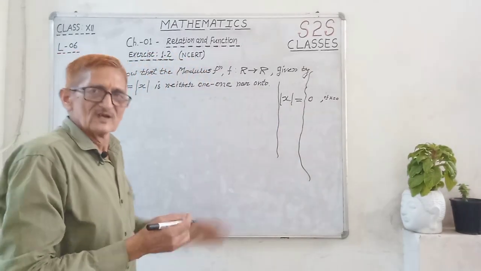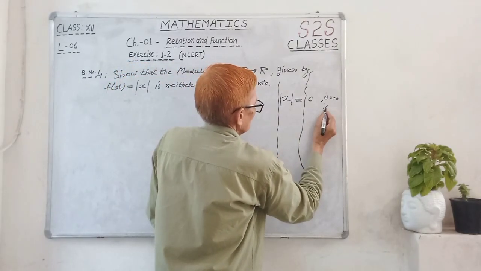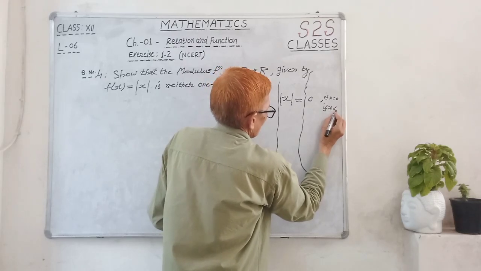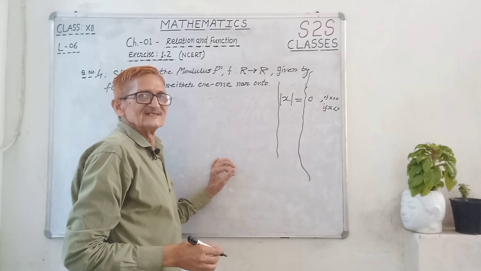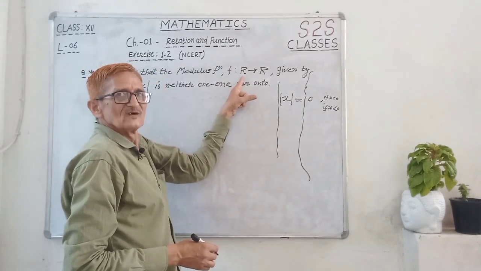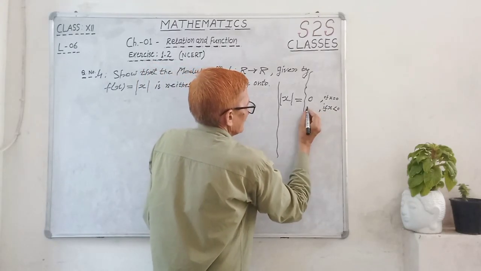Now if x is less than 0, a negative real number in the domain, for every negative number x, what will come?